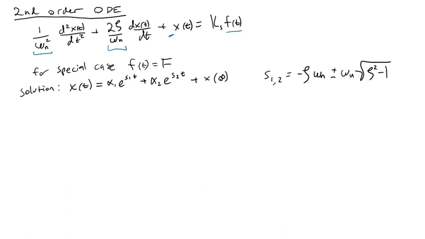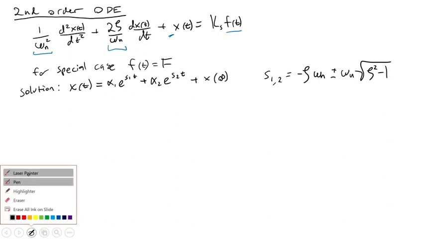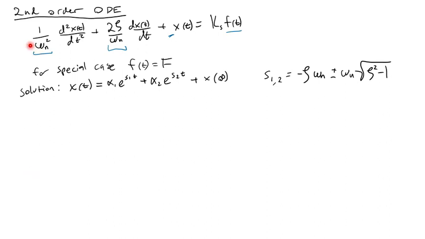So big equation, but as long as we have our differential equation in this form, this coefficient gives us omega n since it's the only variable there, and then once we know omega n, we can calculate zeta using this coefficient, and then once we have both of them, we plug them in here to give us s1 and s2. So we know s1, we know s2. We don't know alpha 1 and alpha 2, however.